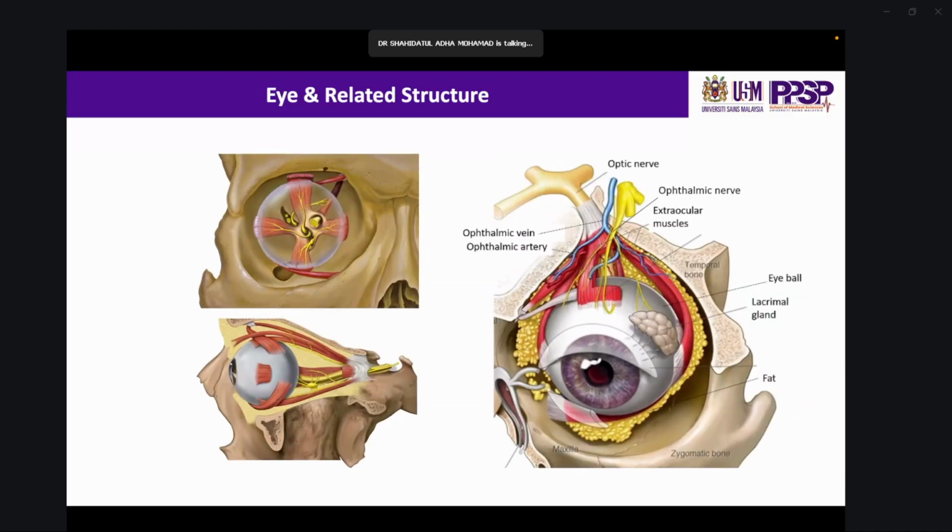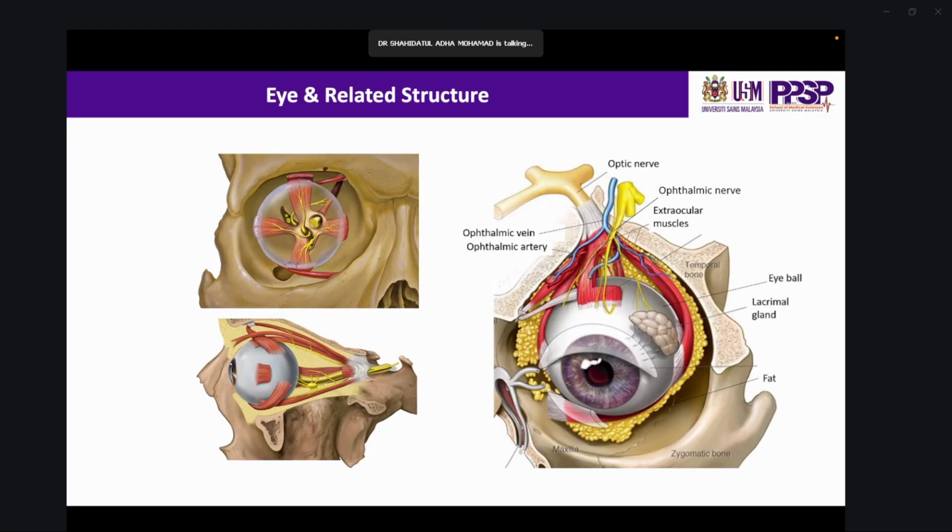And not only that, the movement of the eyeball is controlled by our extraocular muscles.